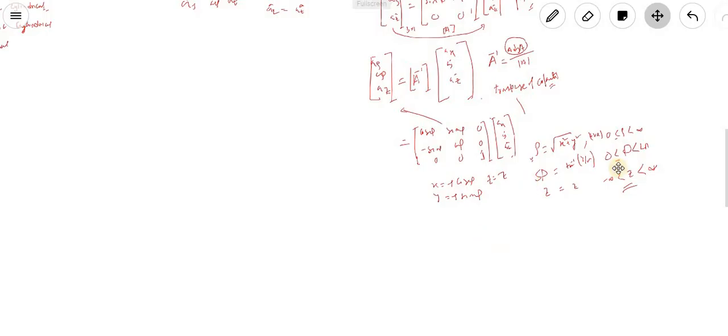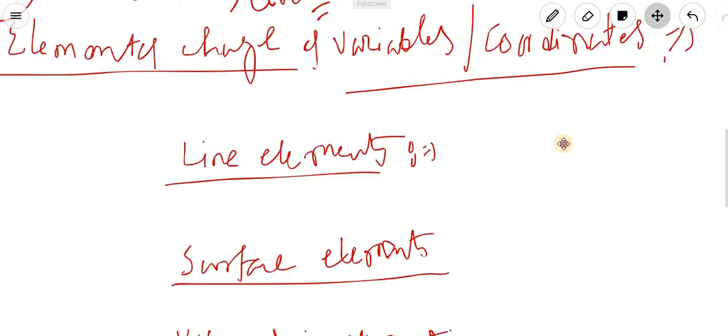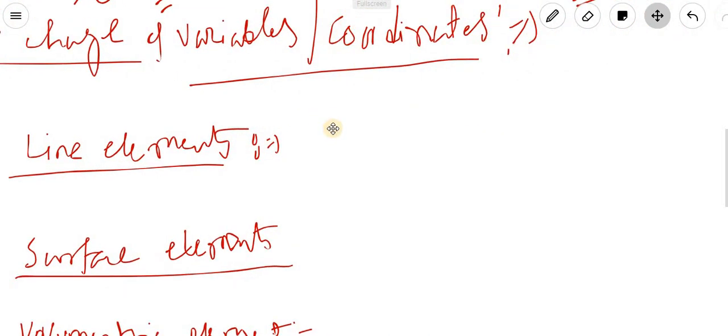So first the line elements for the Cartesian coordinate.